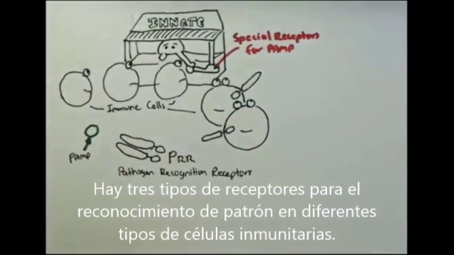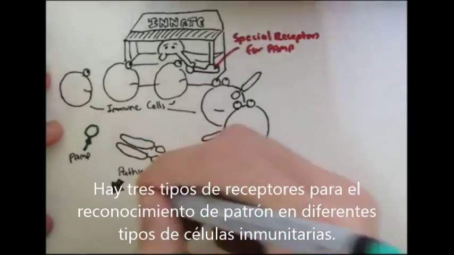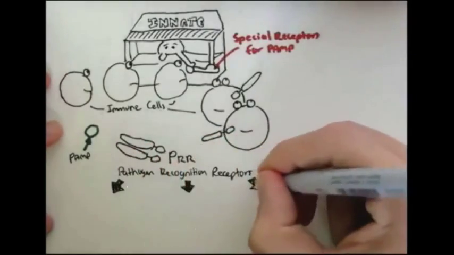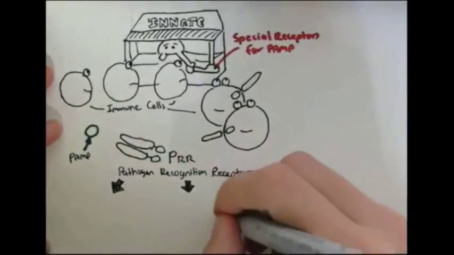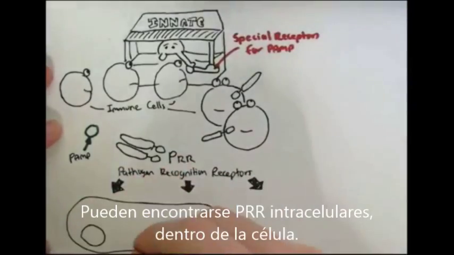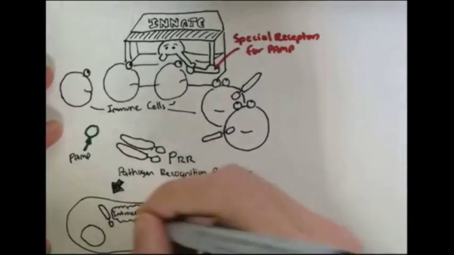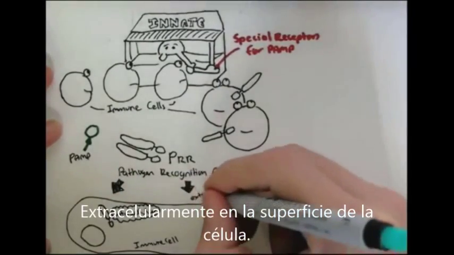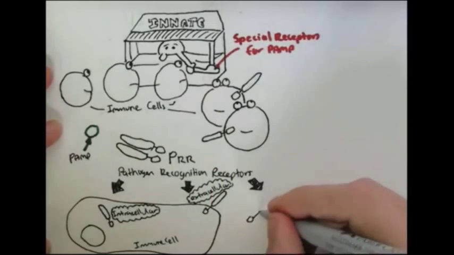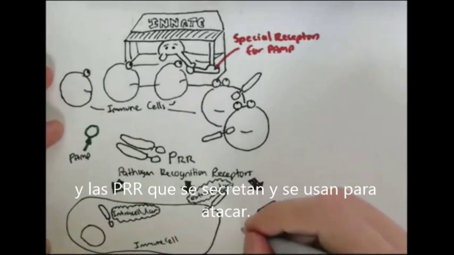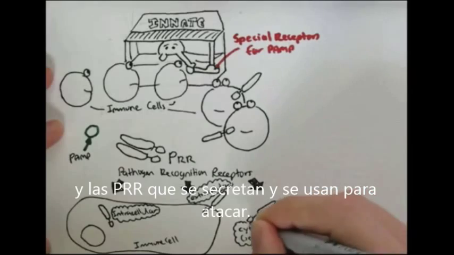Now there are three types of PRRs and they are found in different types of immune cells. So PRRs can be found intracellularly inside the cell, extracellularly on the cell surface, and as secreted PRRs, which are usually used for tagging.